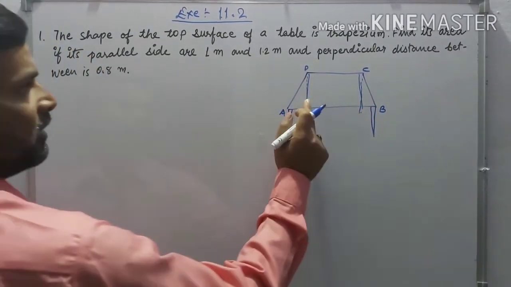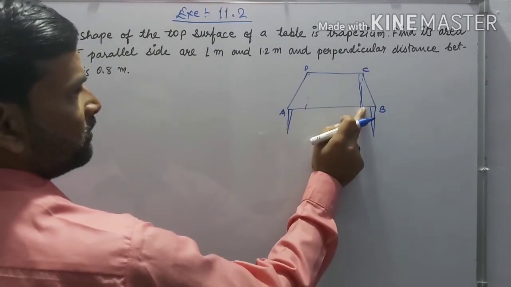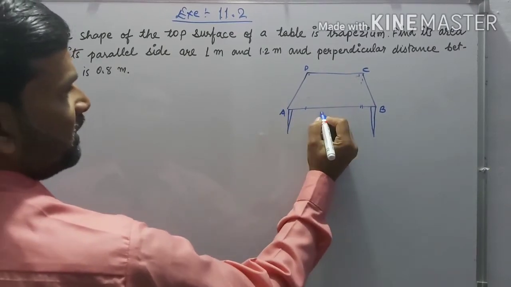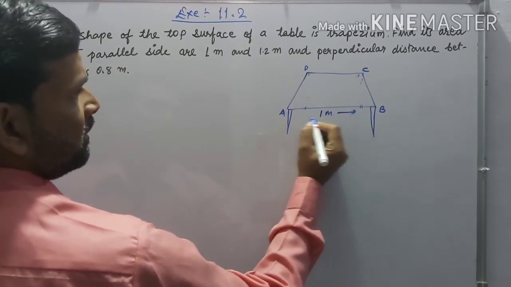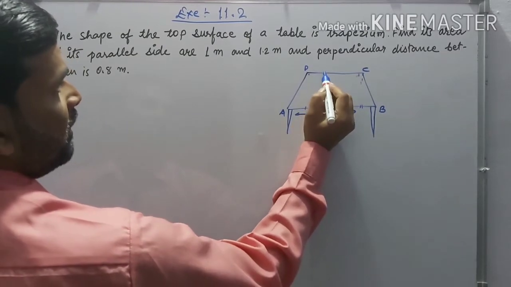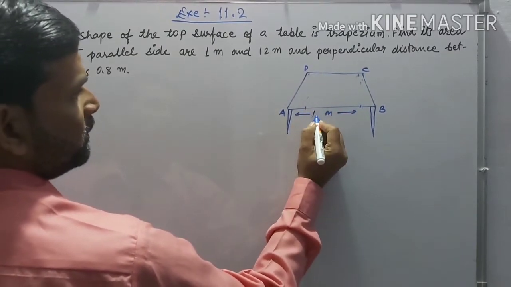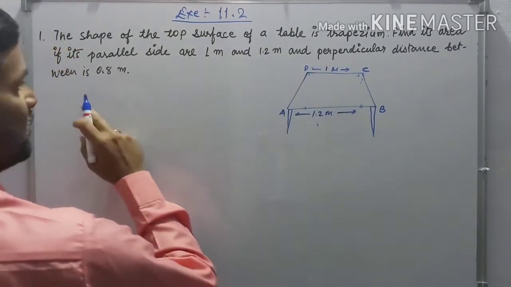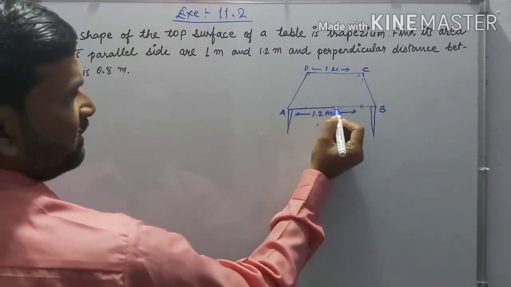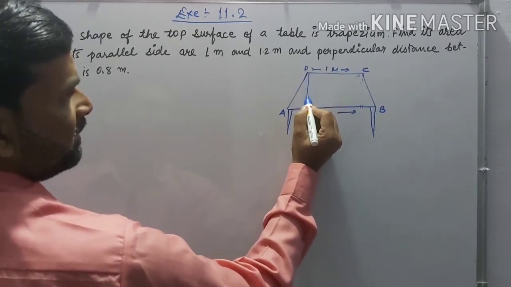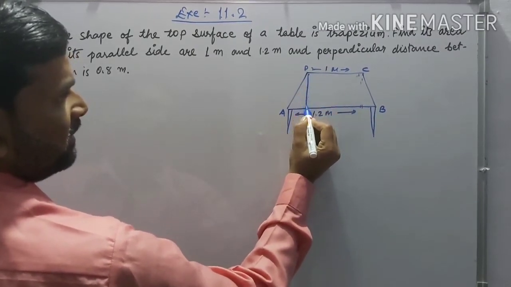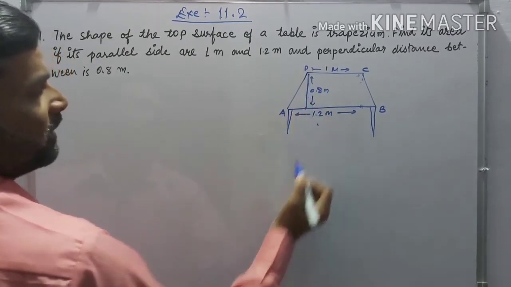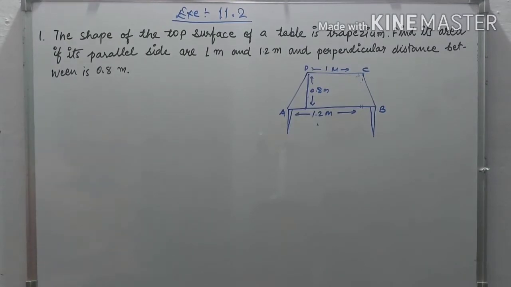I will find the area of the trapezium. This is the top of the table. The bigger side is 1.2 and the smaller side is 1 meter. Parallel sides are AB and CD, and the distance between the parallel sides is given 0.8 meter. Now find the area of the top of the table.